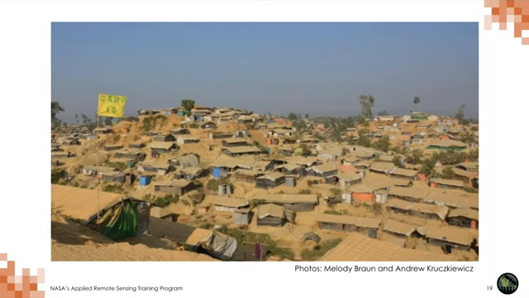And this was from one of the first days where we were working with IOM, the International Organization for Migration, and UNDP, the UN Development Program, as well as with the World Food Program and UNHCR.